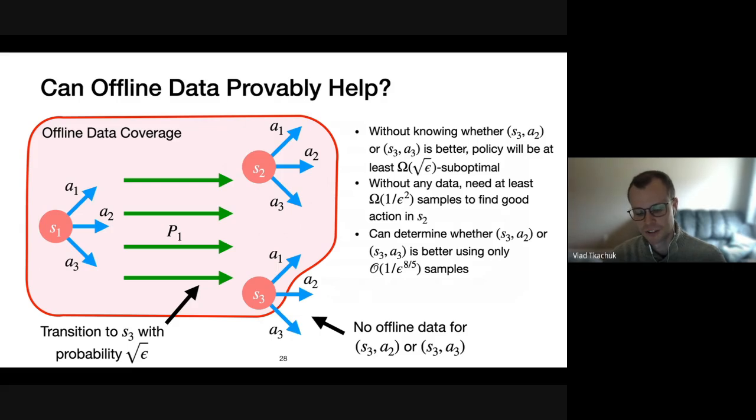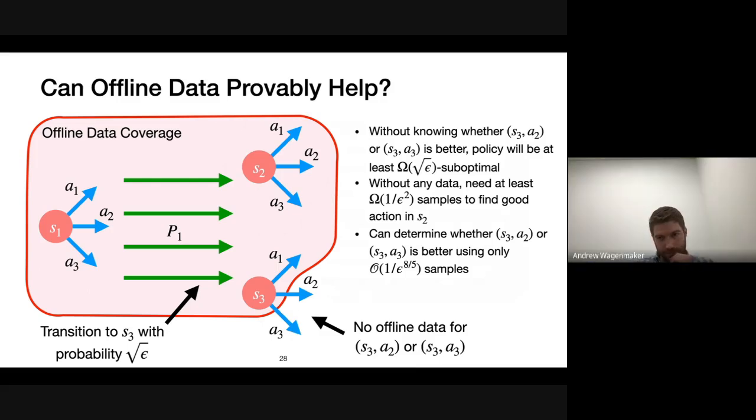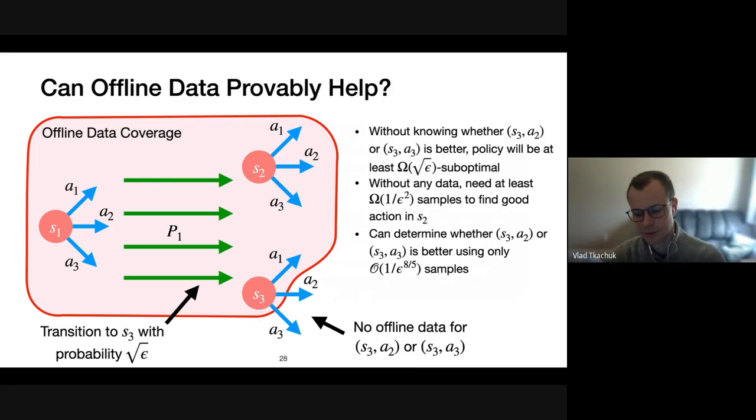What I understand is that without the offline data set, you have to evenly distribute your sampling. But now the offline data set covers S2 well. And so now you can dedicate exploration to S3, but it's quite weird to me that it becomes this way.